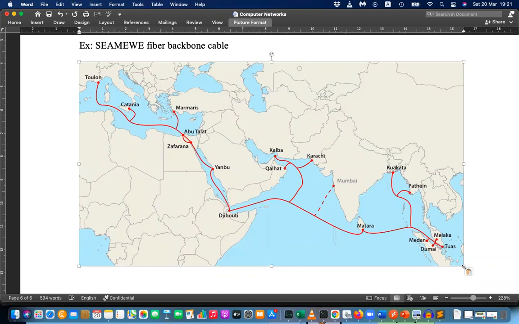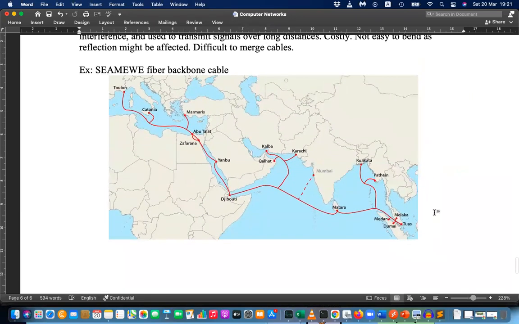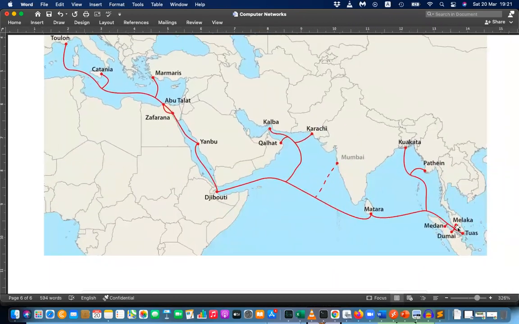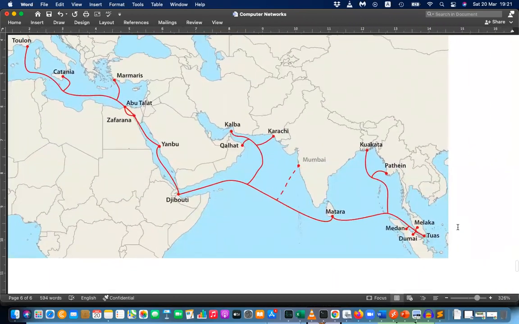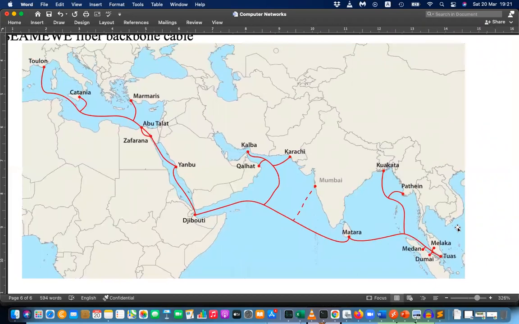And this is how it's connected. In Sri Lanka, you can see what is the area connected. Earlier it was connected to Colombo, I think, as I remember, but this one shows Matara. And we are lucky, you know, here. Mumbai has an extension, but we have a direct connection. So we should have the fastest internet.